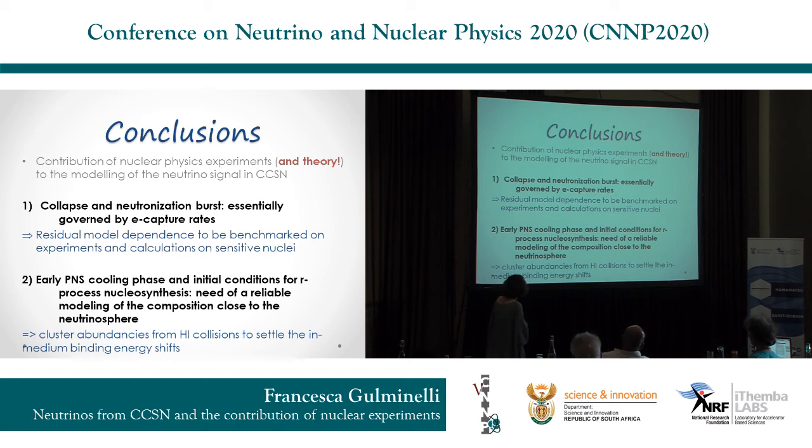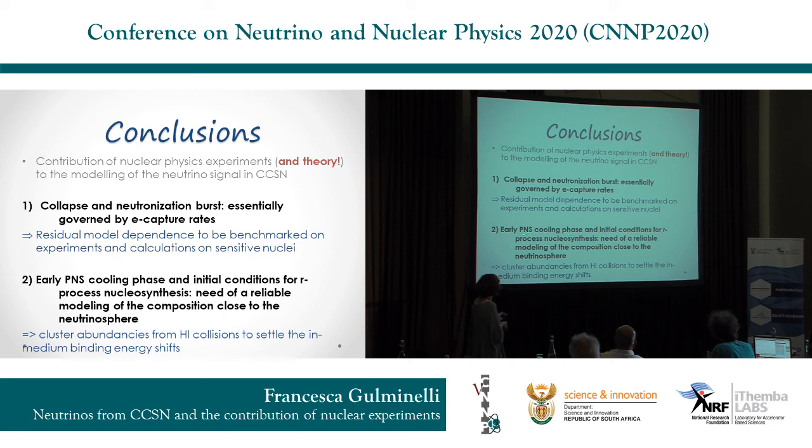And so these are the two parts where nuclear physics is really important: collapse and neutronization burst. This is essentially governed by the electron capture rates. There is still some residual model dependence. It is getting smaller and smaller, and it is going to be benchmarked on experiments and calculations on some well-defined sensitive nuclei.